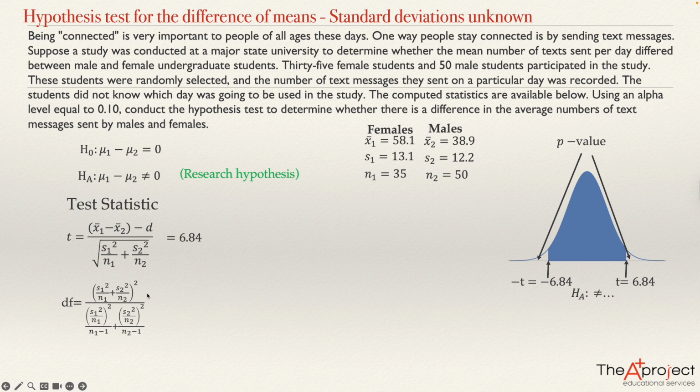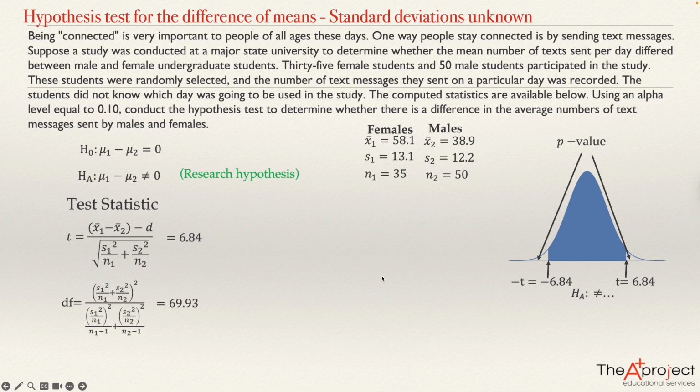Again, we have all the information that we need. We need just the standard deviations and the sizes of the samples. Make the substitution here with the standard deviations and the n's, and find this number. I already did it, and I found that the number is 69.93.